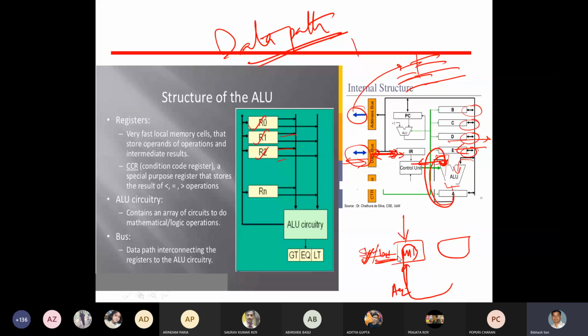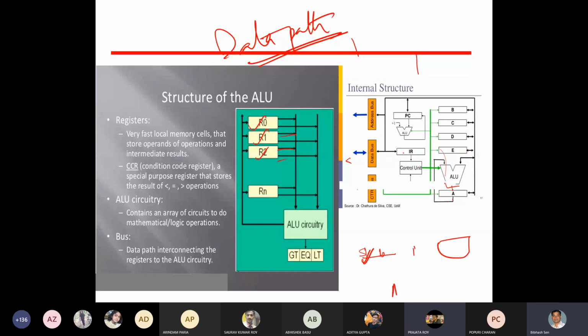But if it is a load, then the accumulator will not be activated; this line will be activated, and the new data will come from the memory or from the register. So by the application of the multiplexer, we can control this. I will discuss it a little more when we go to the internal structure. For the time being, you can ignore it. Is it clear? It is not required to think about more details of this part now.